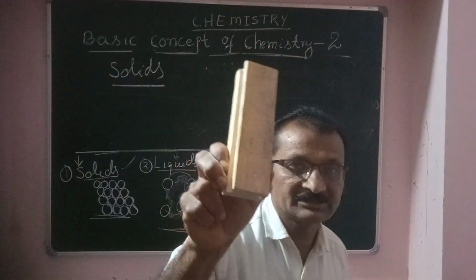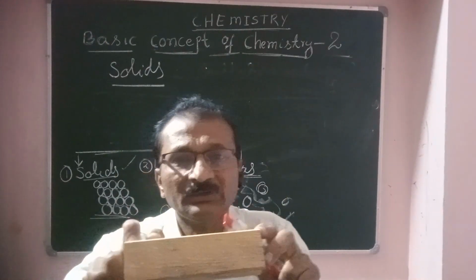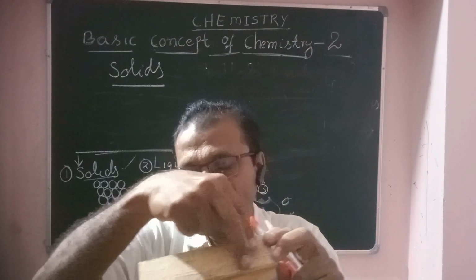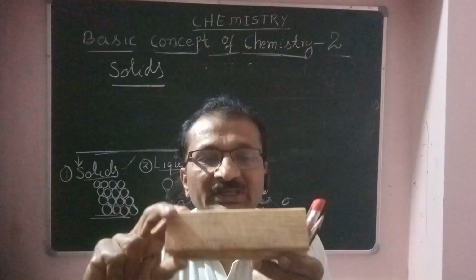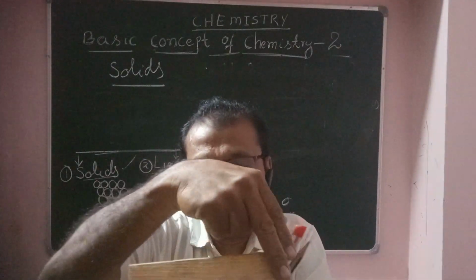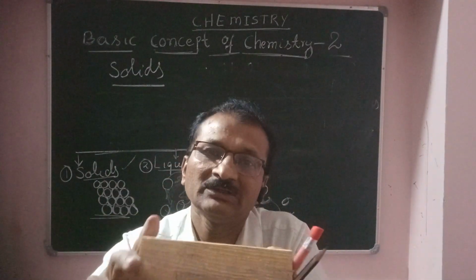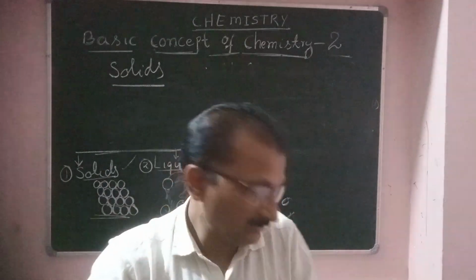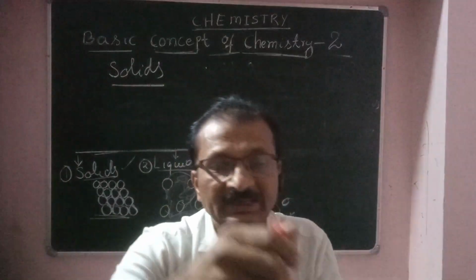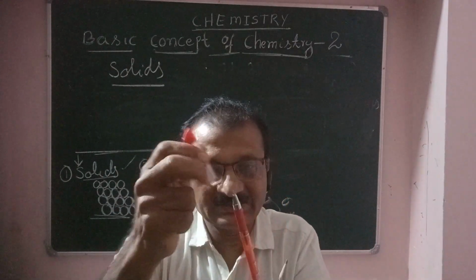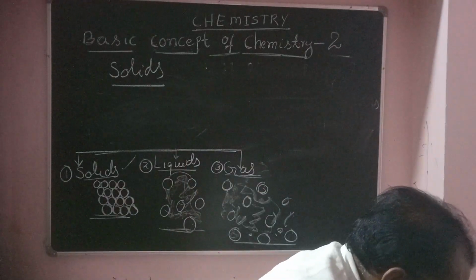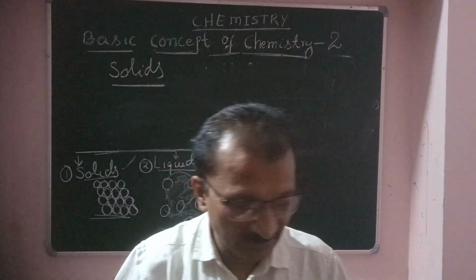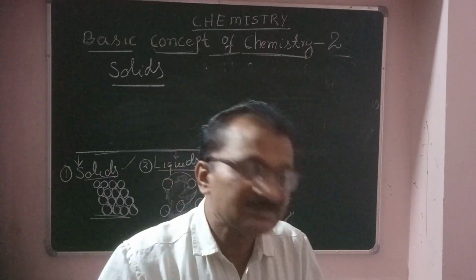Because of close packing, they have a definite shape. This is the shape of what? Rectangular. This is totally a cuboid, and if you take this pen, it has a definite cylindrical shape. This chalk piece also has a cylindrical shape.